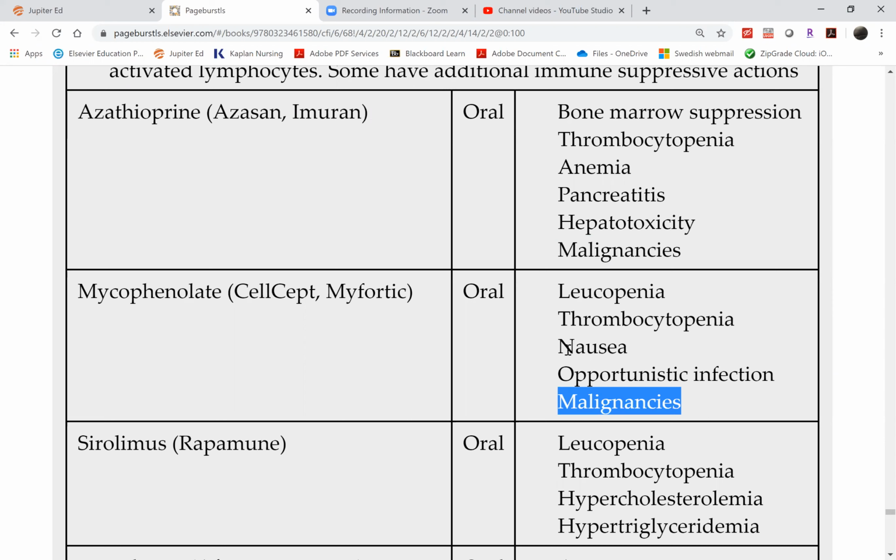Nausea is included here because the lining of your GI tract from your mouth to your rectum is lined with single layer epithelium, which is constantly produced. They die constantly and are also replaced just as fast.